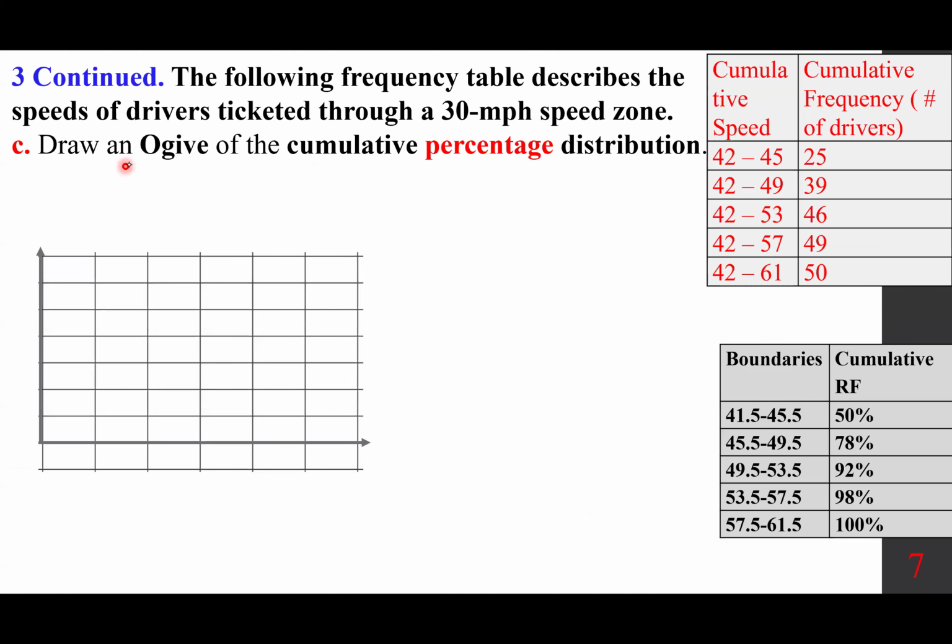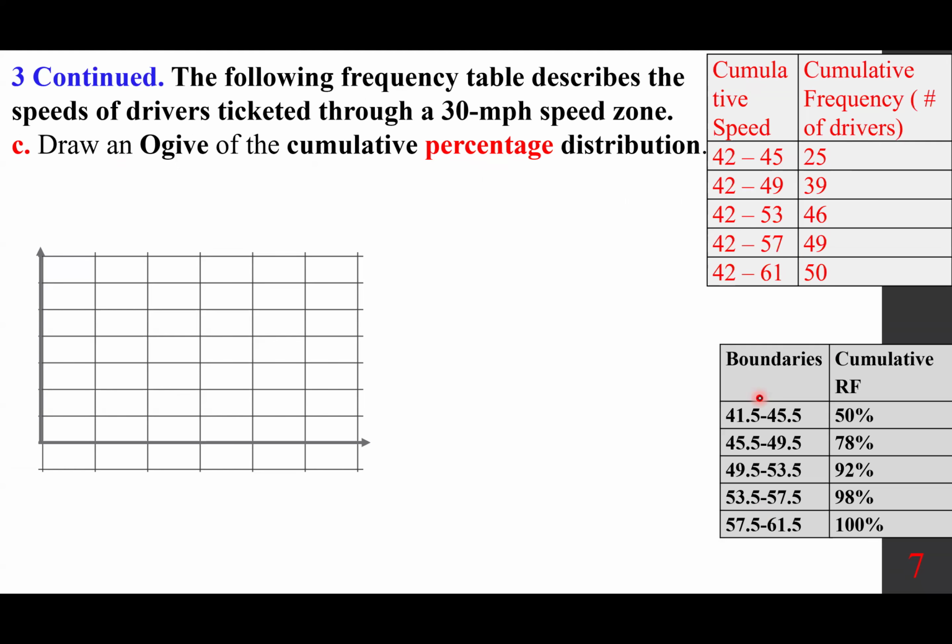We're going to continue, and we want to draw an ogive of what? Cumulative percentage. You want to pay attention to this. They ask you for frequency or percentage of relative frequency. So again, from the previous page, we have this one, we have this one. Everybody remembers that.